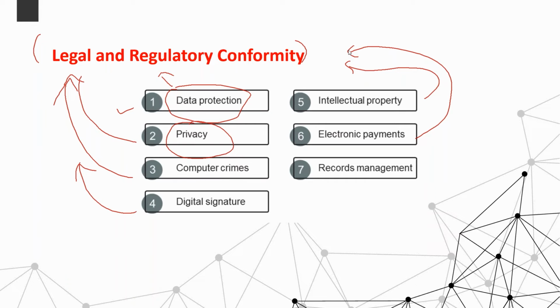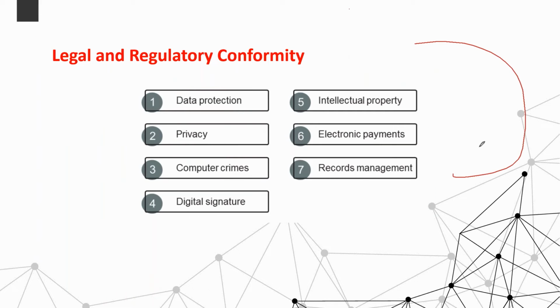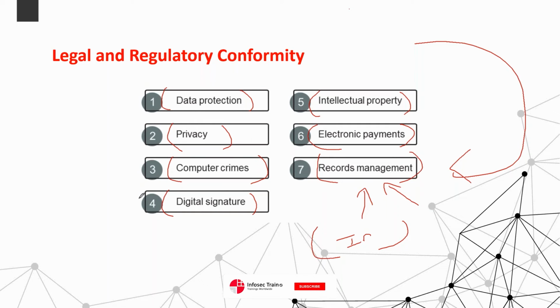Whenever there is an internal or external audit, the auditor can cross verify those records. What is the data protection plan? What is the privacy protection plan? What is the computer crime plan? Digital signatures, intellectual property plan, electronic payment plan, everything needs to be documented. So we can analyze all those documents, how they have adapted this legal and regulatory compliance, and how they have implemented the controls against it.